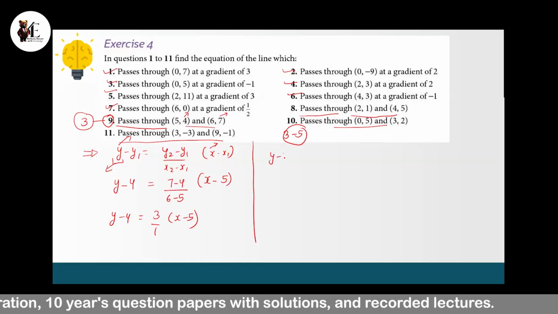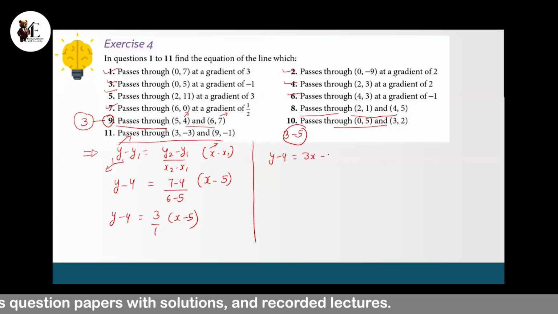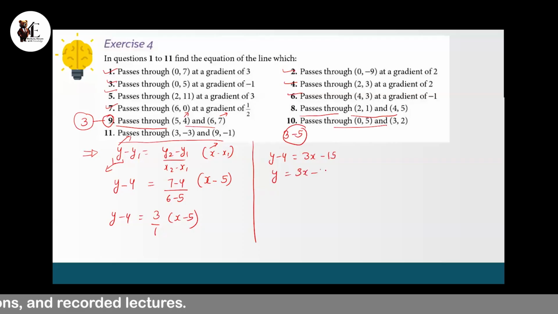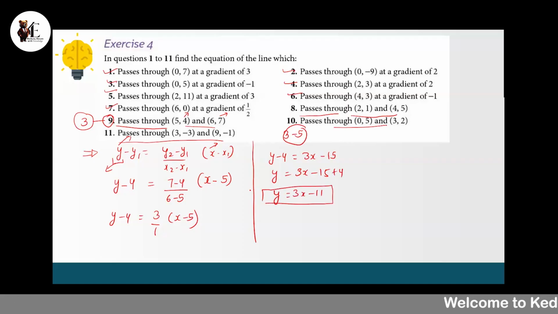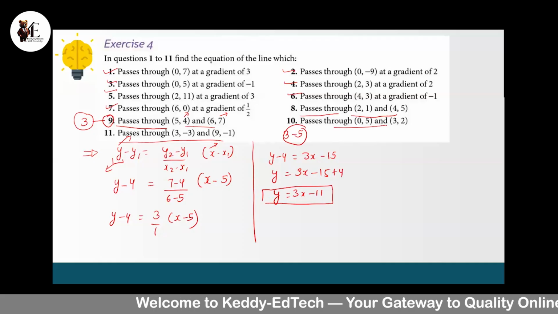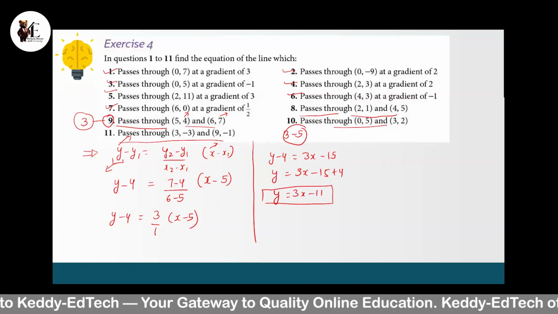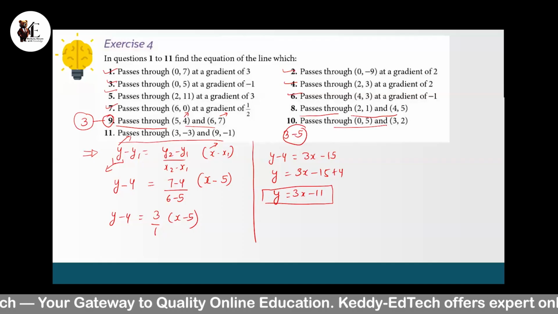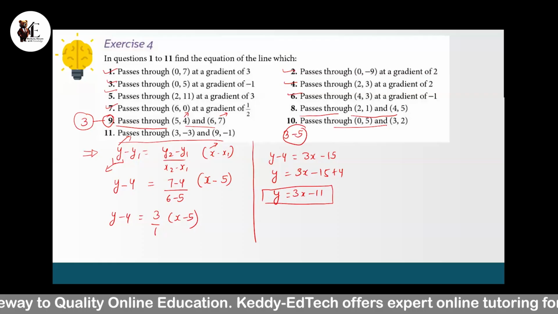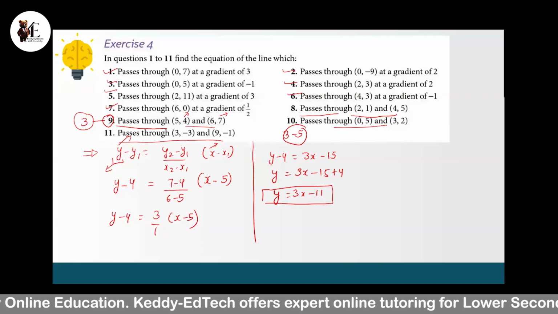So y minus 4 is equals to 3x minus 15, or I can say y is equals to 3x minus 15 plus 4, that is y is equals to 3x minus 11. Okay, now I understand. Okay, so now please try question number 11, the last.